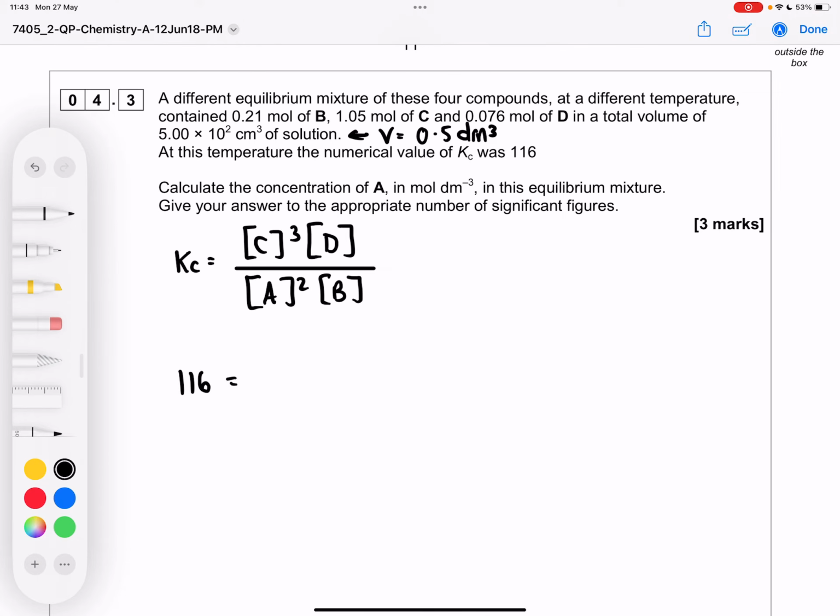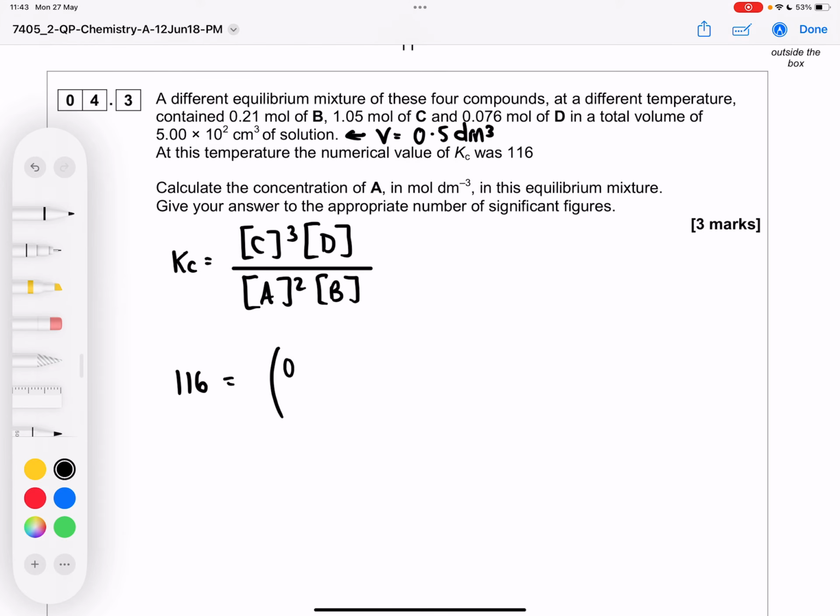Okay, and then C, 0.076 moles, but we're going to divide that by 0.5 and it's cubed. And then D, oops, that's the wrong one, that was D. C was 1.05, D was 0.076 over 0.5.